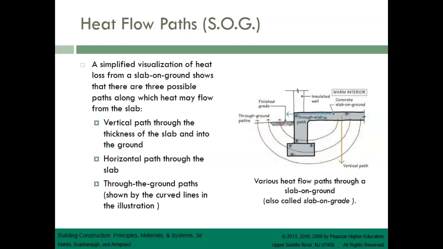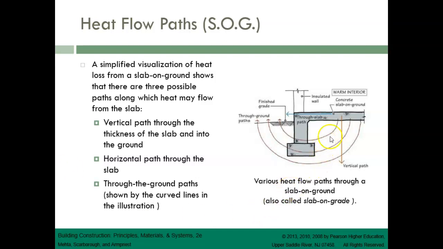So my F factor would be in this case where I've got a foundation wall that has earth on both sides of it. The C factor relates to a foundation wall where I've got earth on one side and open space on the other side. So you might want to review page 129 again on this.